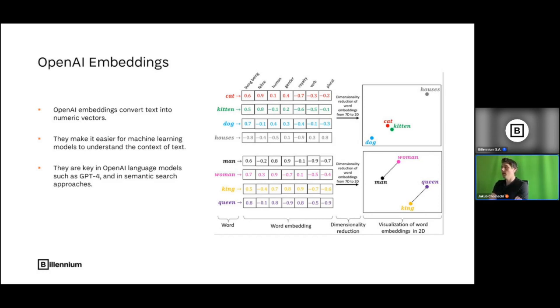And the awesome part about this is that, as you can see, the most semantically related words are close to one another. So cat and kitten are pretty close. Cat and kitten are closer to dog than they are to houses.